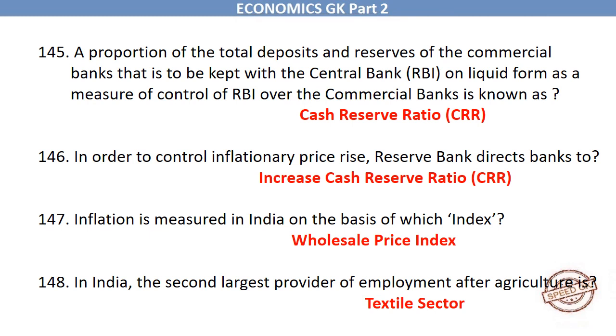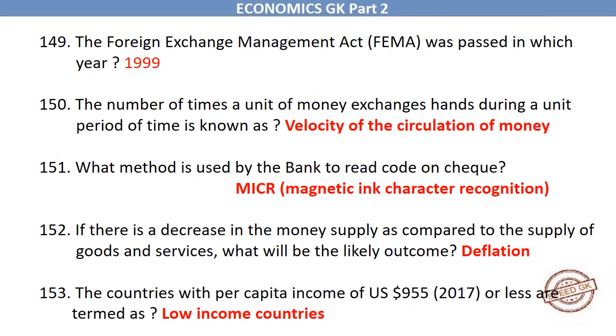Inflation is measured in India on the basis of which index? Wholesale Price Index. In India, the second largest provider of employment after agriculture is the textile sector. The Foreign Exchange Management Act, FEMA, was passed in which year?